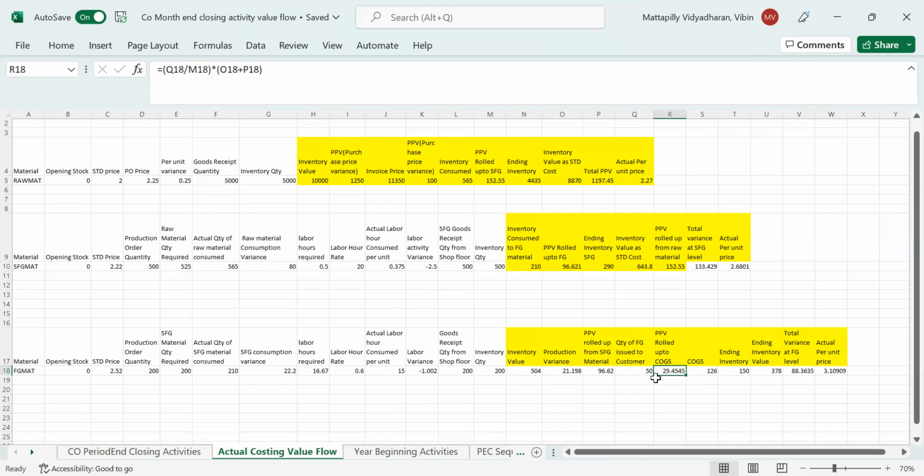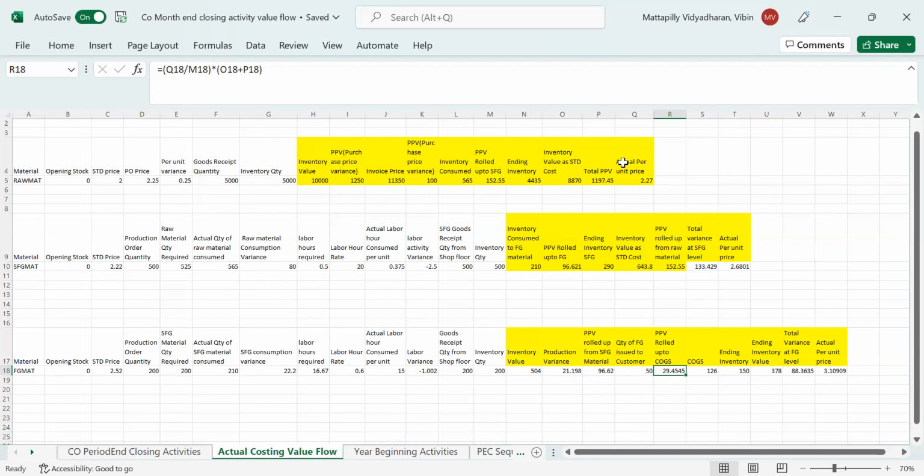That means Q18 means here 50 divided by M18. M18 is nothing but inventory quantity multiplied by total of variances. Q18 plus P18. Q18 we can see here, production variance, plus P18.